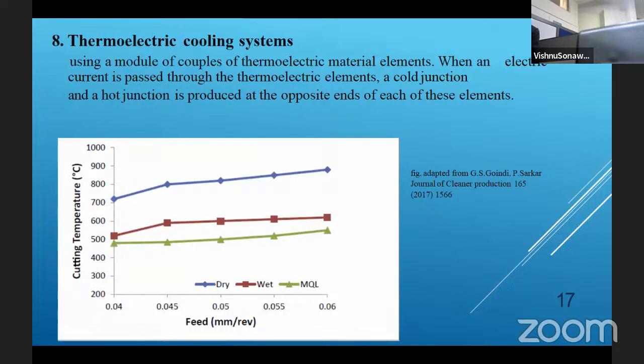Then the thermoelectric effect, at the cold junction and the hot junction of these two ends. The cutting temperature, suppose for dry machining, is 700 degrees Celsius, for wet machining 500 degrees Celsius, and for minimum quantity lubrication 490 degrees Celsius.